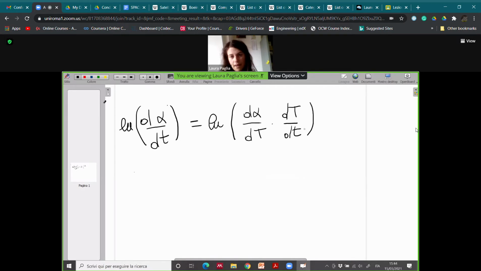And this term here is beta, which is the heating rate for me. It is the constant heating rate at which I performed the thermogravimetric analysis of my sample.